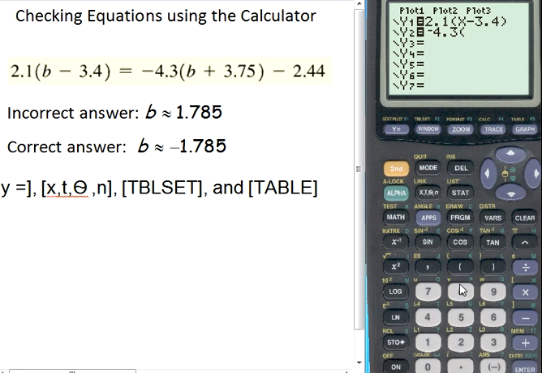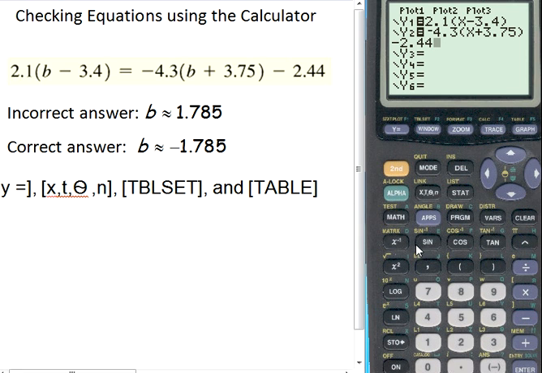Open parentheses, again x instead of b, plus 3.75. Close parentheses. Now we use minus because it's in between the parentheses and the 2.44. 2.44. And you're copying this symbol by symbol exactly identically to the right side of the equation.